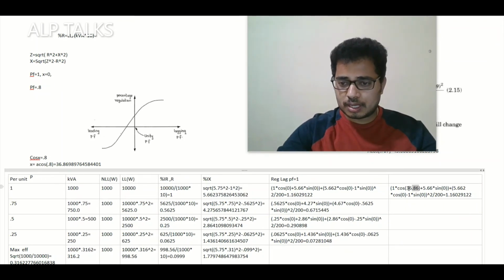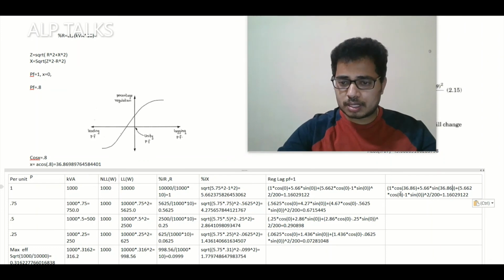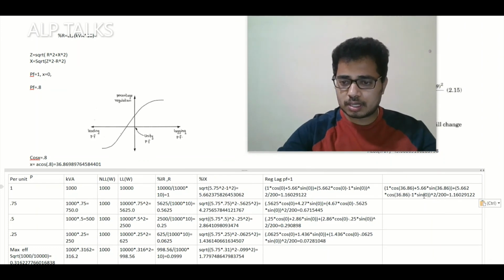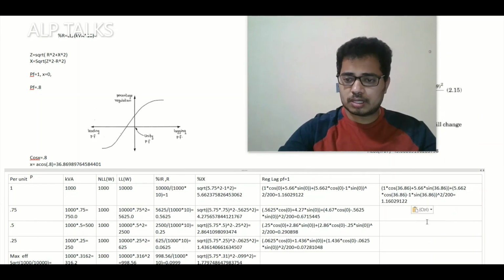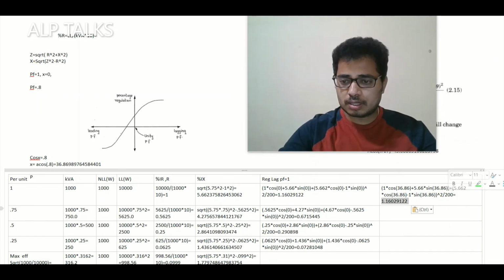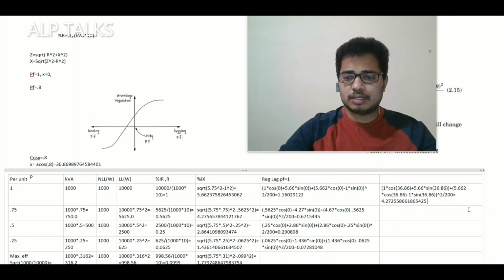So you can get all the thing. Here instead of 0, 36.86, here instead of 0, 36.86, here instead of 0, 36.86. So let's calculate it. So the regulation is 4.27%. 4.27% is the regulation in this case.